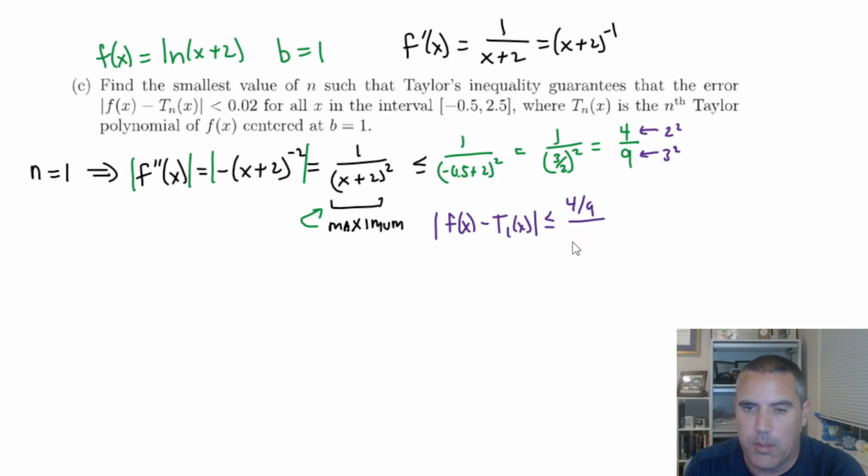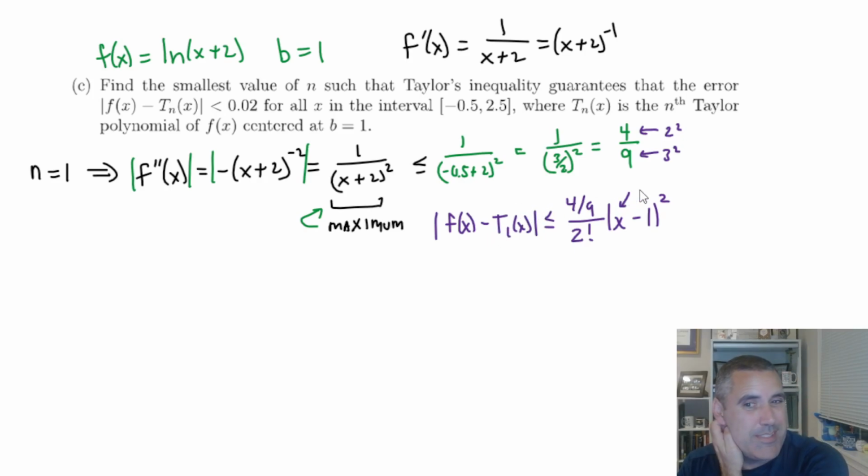4/9 divided by 2 factorial, times (x minus 1) to the 2. And we know that we're going to plug in either negative 0.5 or 2.5 because they're both the same distance from 1. Either way, let's do it because I don't want there to be questions on this. Let's say I plug in negative 0.5 this time.